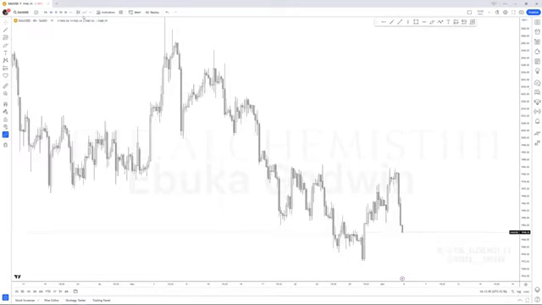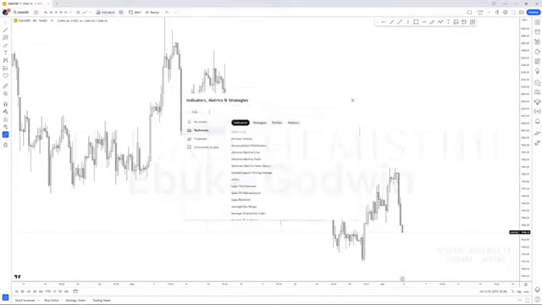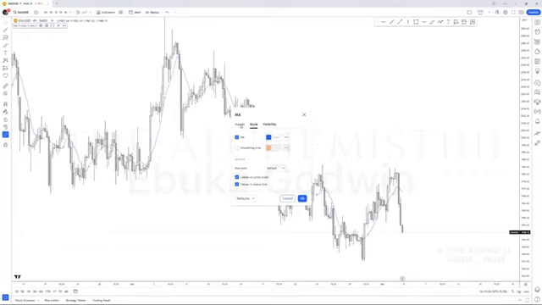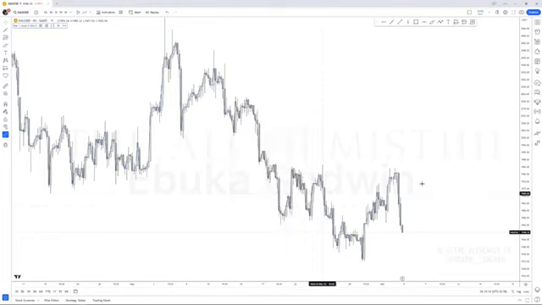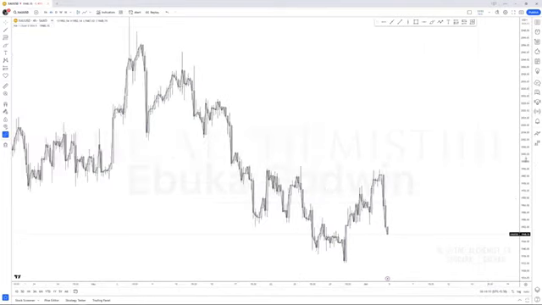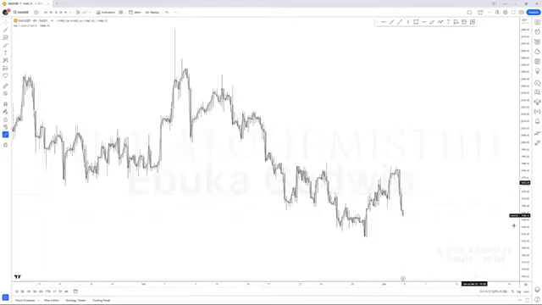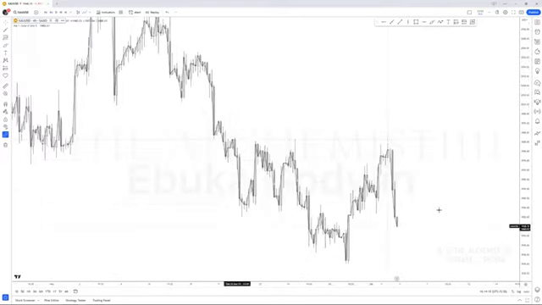And also, if you don't want to switch back and forth from candlesticks to line chart, what you could do is go to indicators, take the moving average, and set its length to 1. And there you go. You have the line chart on the candlestick chart itself. You have the line chart and the candlestick both together.